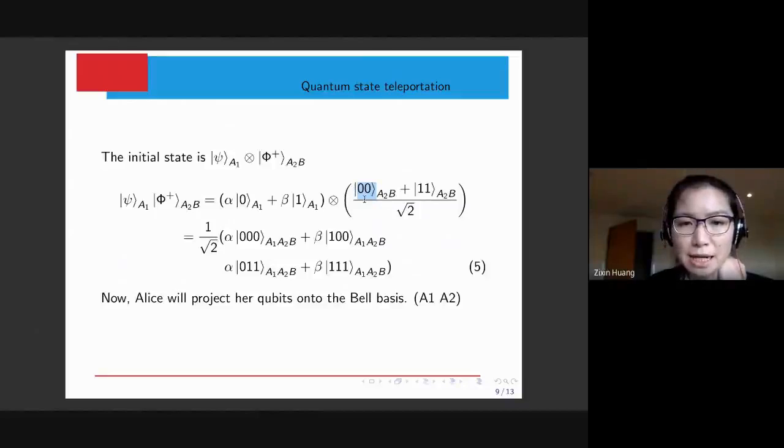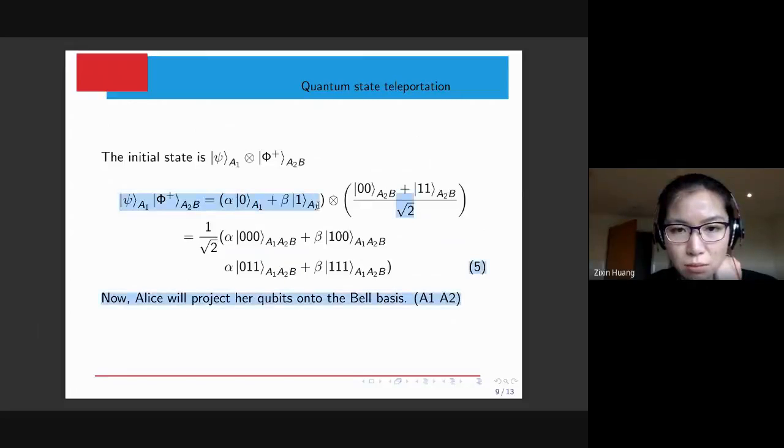So we can expand this out, and the end product is given by equation 5 there. So alpha 0 tensored with 00 gives you this first component. Alpha 0 with 11 gives you the second component over there.